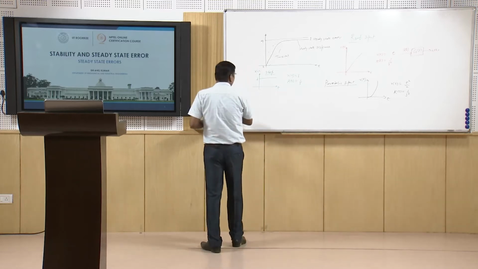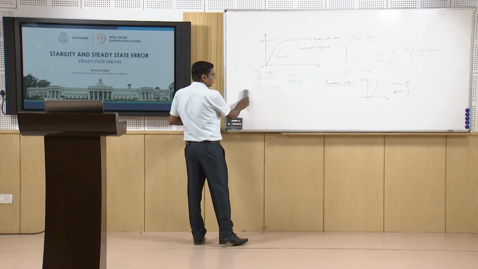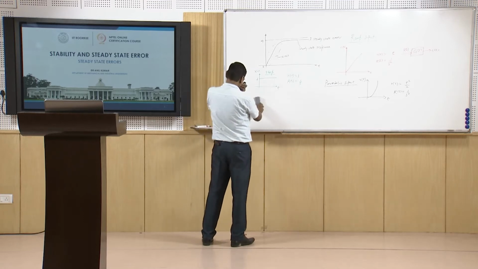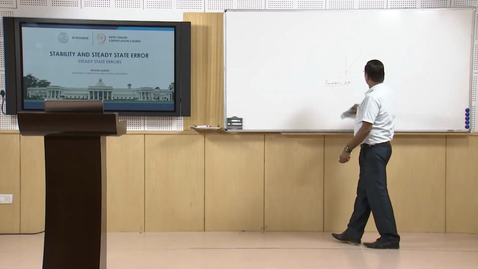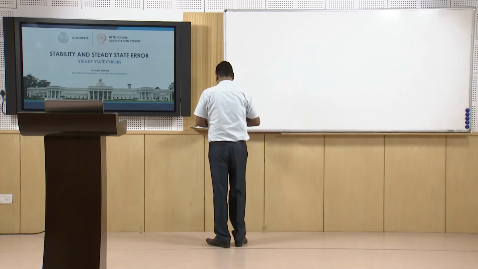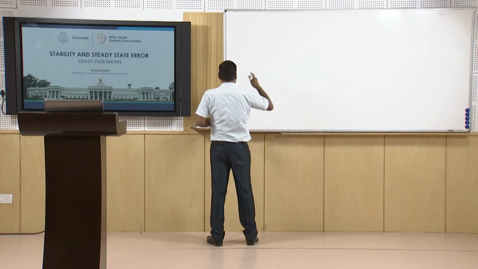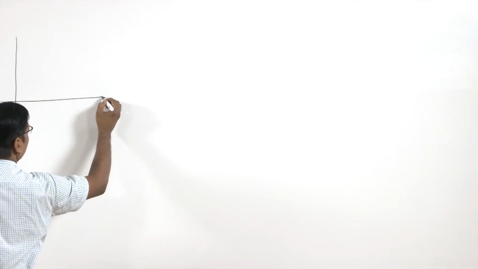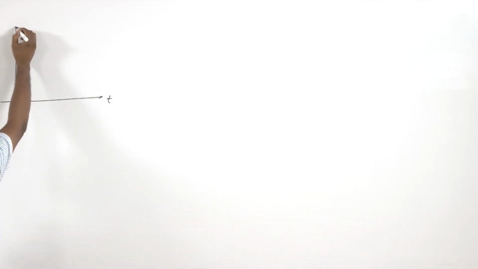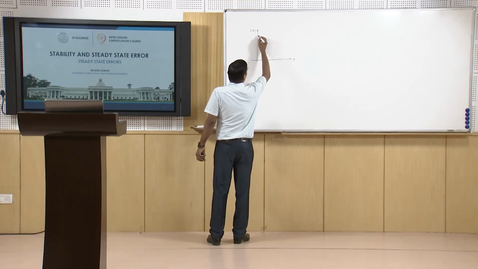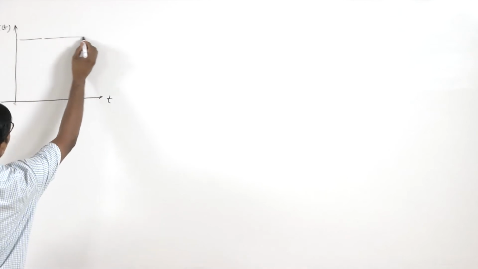Now let's see some outputs against these inputs and how we can define the steady state error against these different types of inputs. Let's say we give some input here.